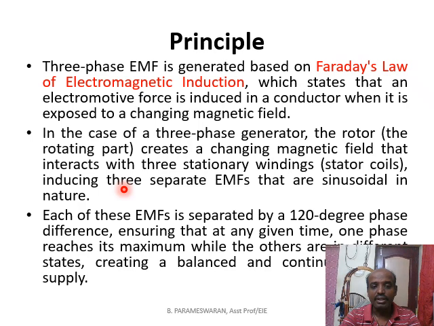So the EMF induced in each individual coil will be sinusoidal in nature. Here, as we told earlier, each stationary coil is placed 120 degrees apart. So you will get three sinusoidal waveforms at 120-degree difference.